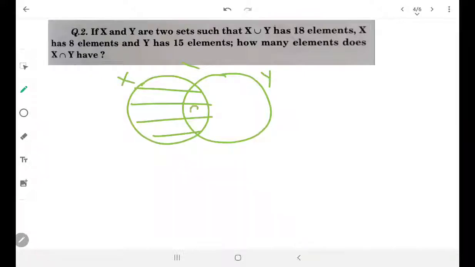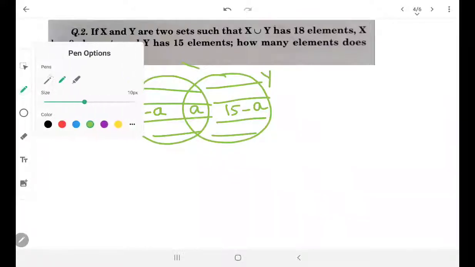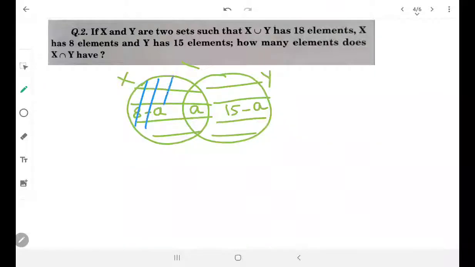So suppose this is a, the number of common elements are a, so x only will have how many? 8 minus a. And how many elements will y only have? 15 minus a. Now they said this thing: x only, then a, and then y only.